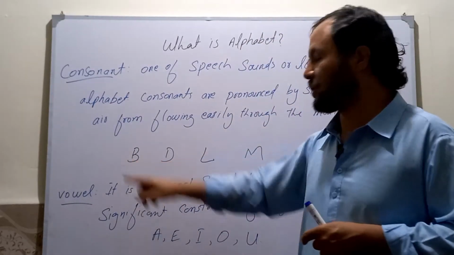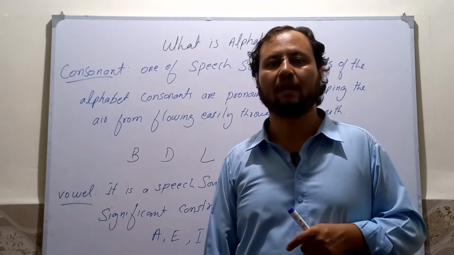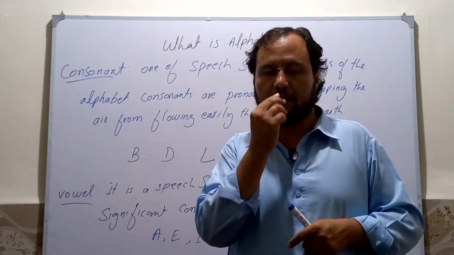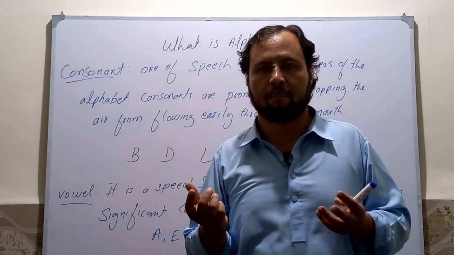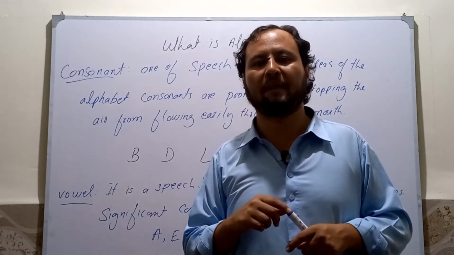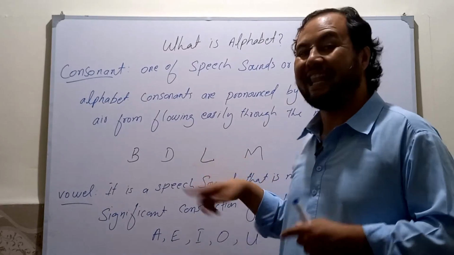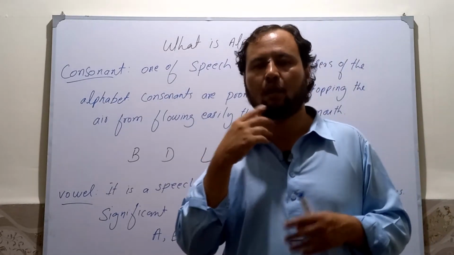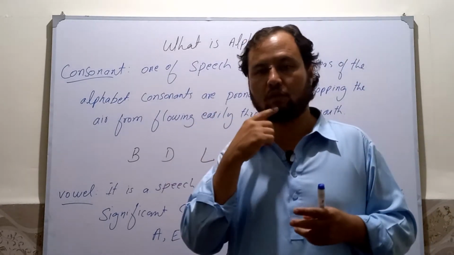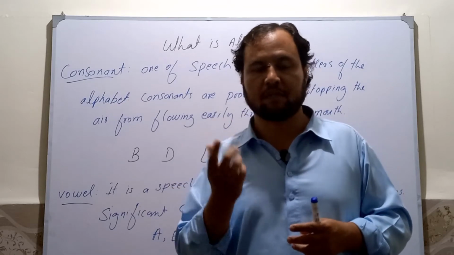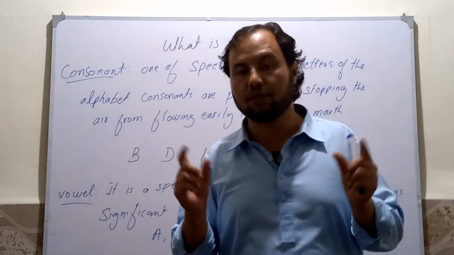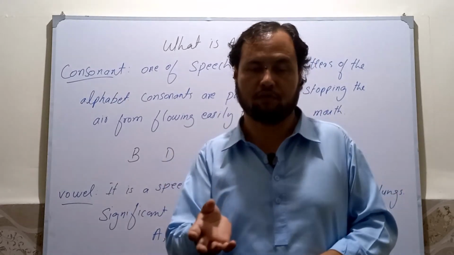For example, when you pronounce B, you see, the sound will not come directly. We close our lips, like B, D, like L. See, we stop it, whether with our tongue or with our lips. Directly, it will not come out from our throat.